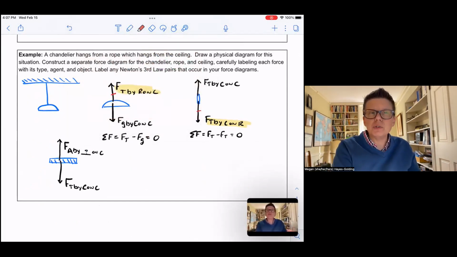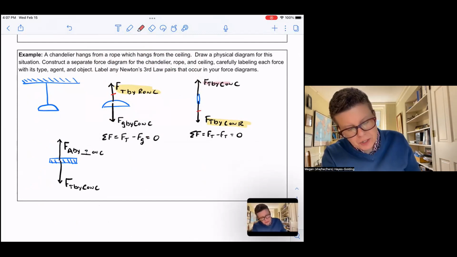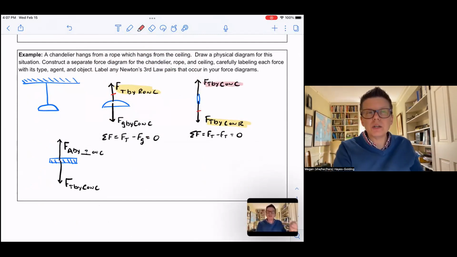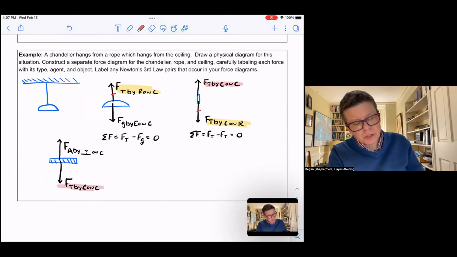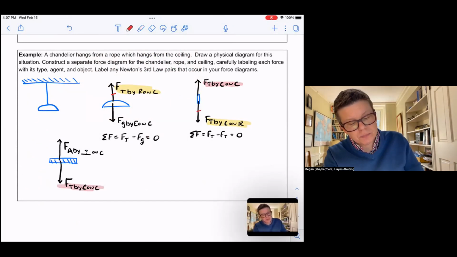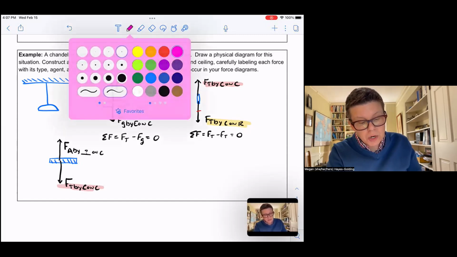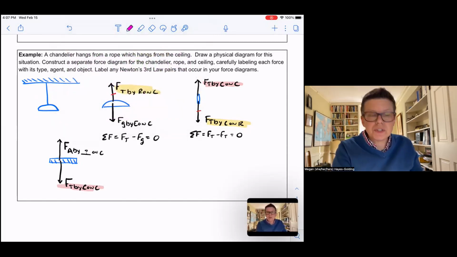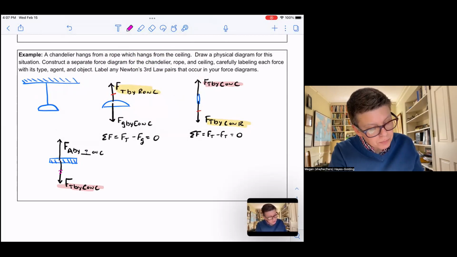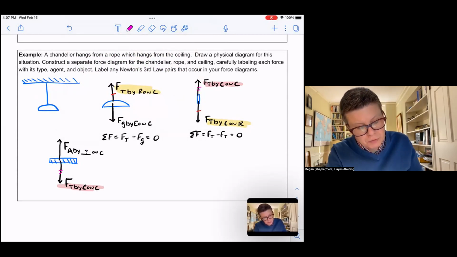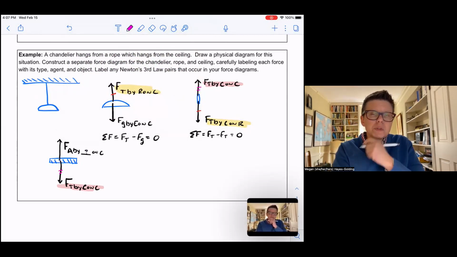Let's look for another Newton's third law force pair. So you'll notice here F tension by ceiling on chandelier and F tension by chandelier on ceiling. Again, those are, as it turns out, the same interaction, just looking at it from a different point of view. So they're the same magnitude force. Now, here's a fun thing to notice.